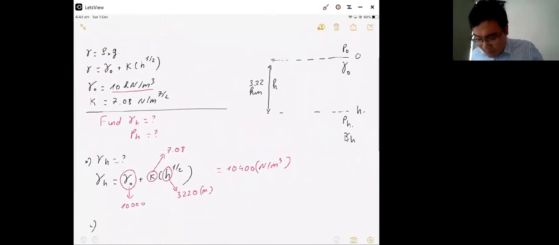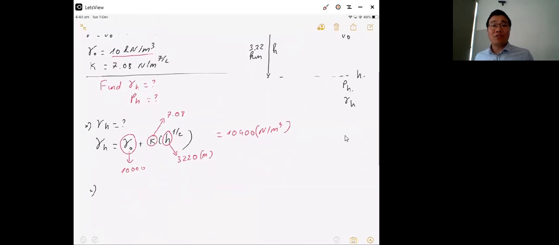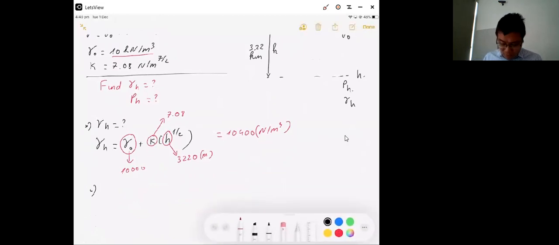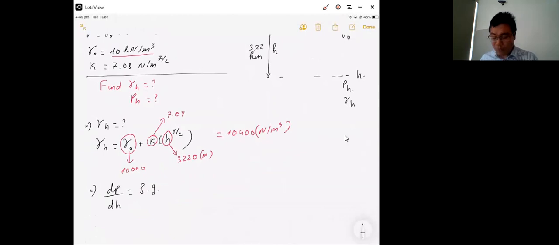Thank you for the question. Now you have to find pressure. If density is constant, P S minus P O equal to rho G S, that's easy. But in this case, density is not constant, so we have to use the original equation: dP over ds equal to rho z.